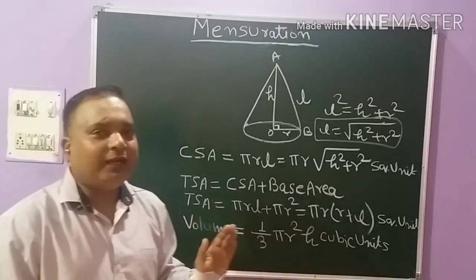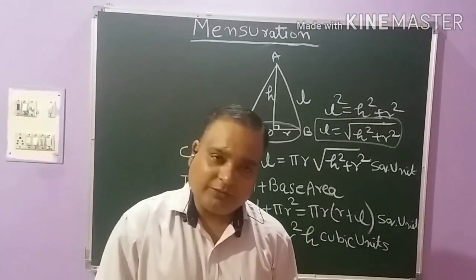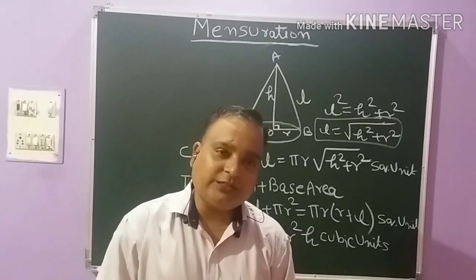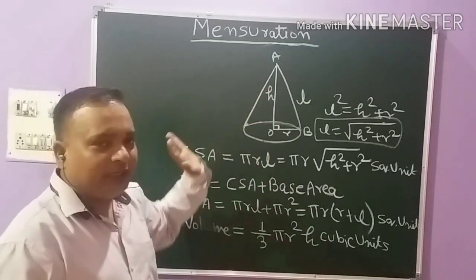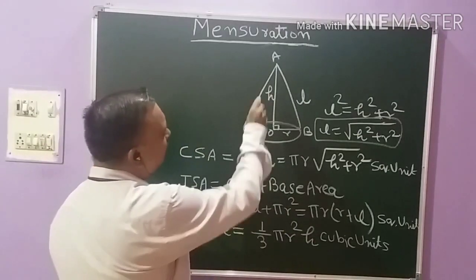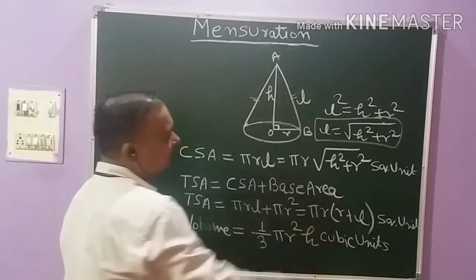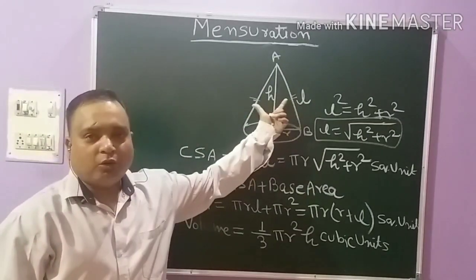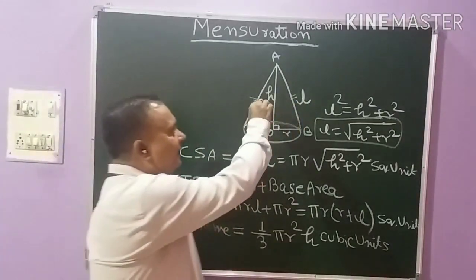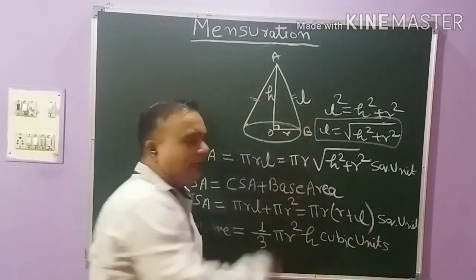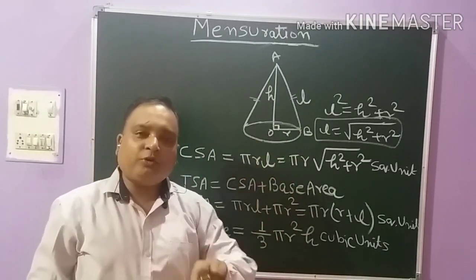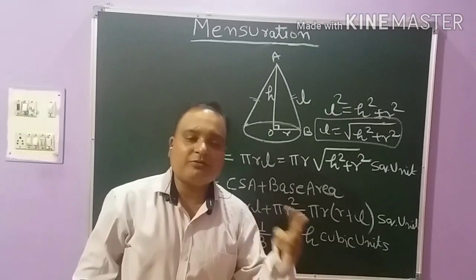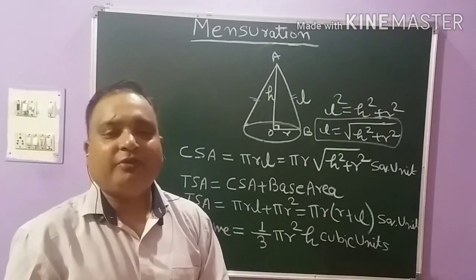Now like cylinder, again we will find the curved surface area, total surface area and volume of cone. So in curved surface area, we will find only this area. That's why it's called curved surface area. If apart from this area I include base area, then it will change from CSA to TSA, means curved surface area to total surface area.